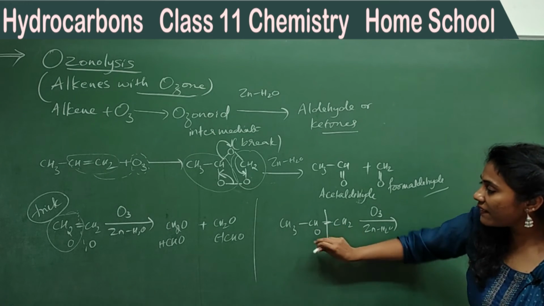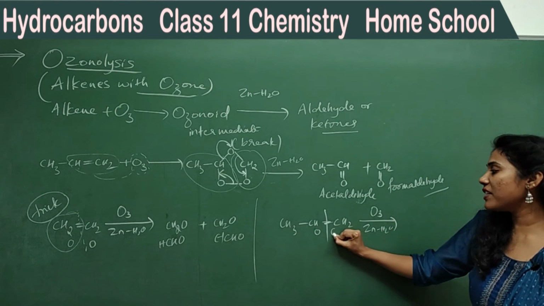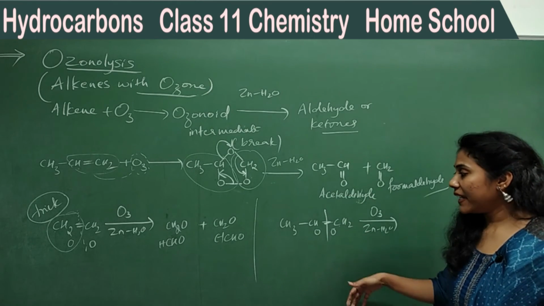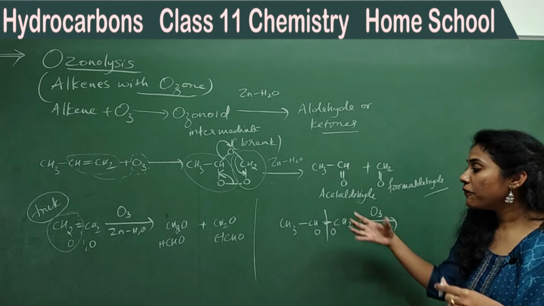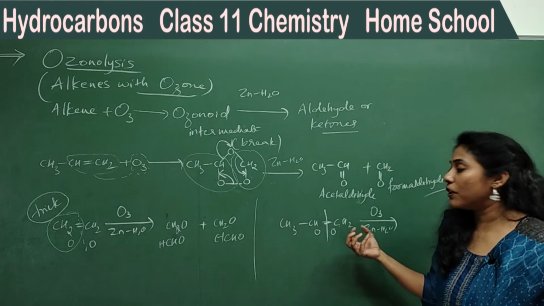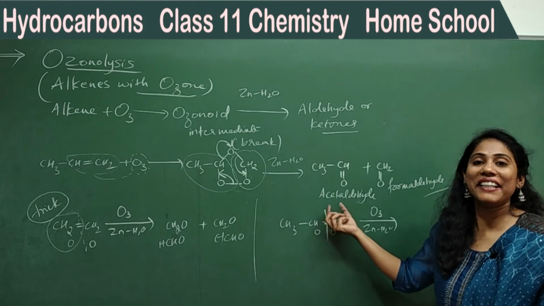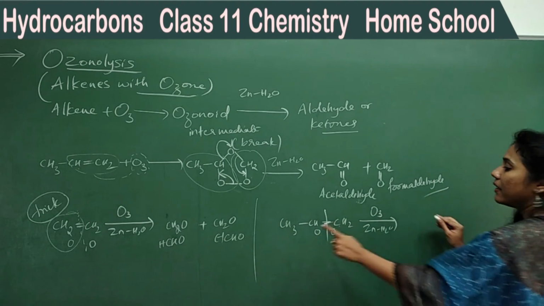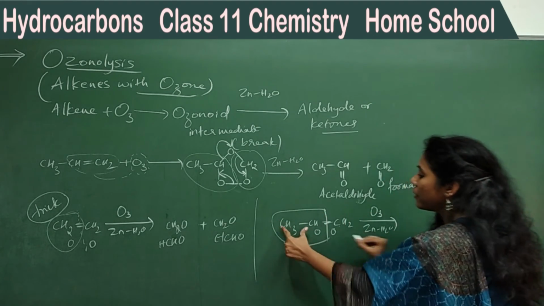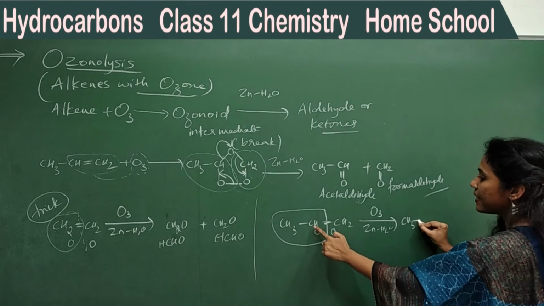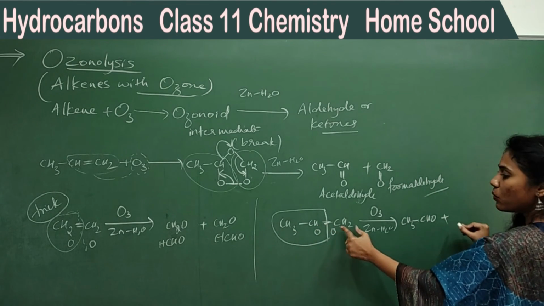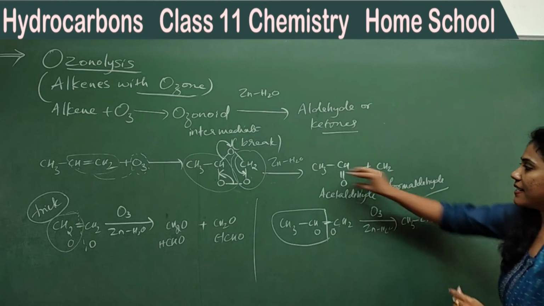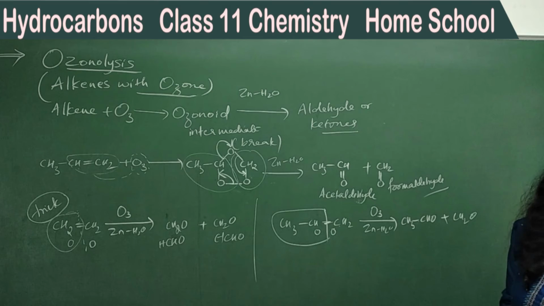So one oxygen I will add to this carbon, the other oxygen I will add to the other carbon. So what is this piece? You will get CH3CHO plus CH2O. So acetaldehyde and formaldehyde. That's what you had got.